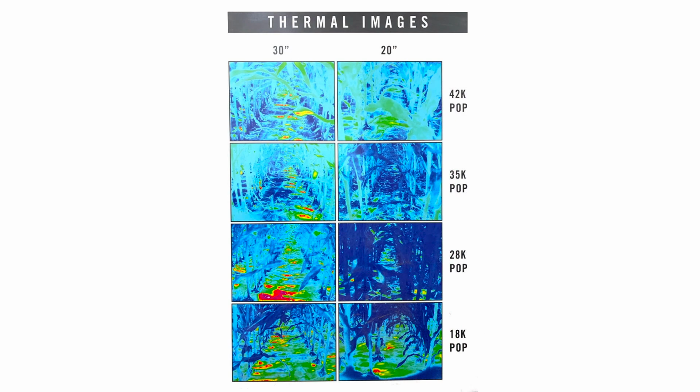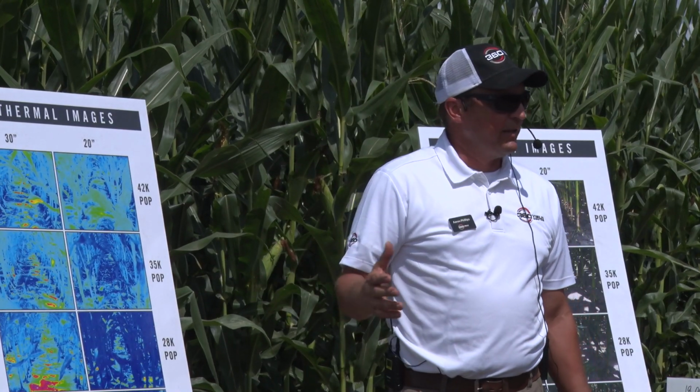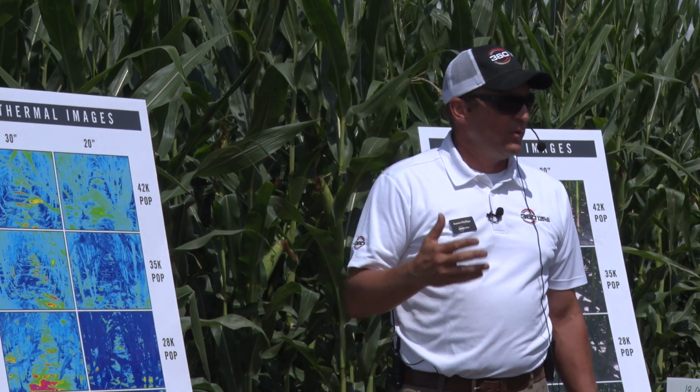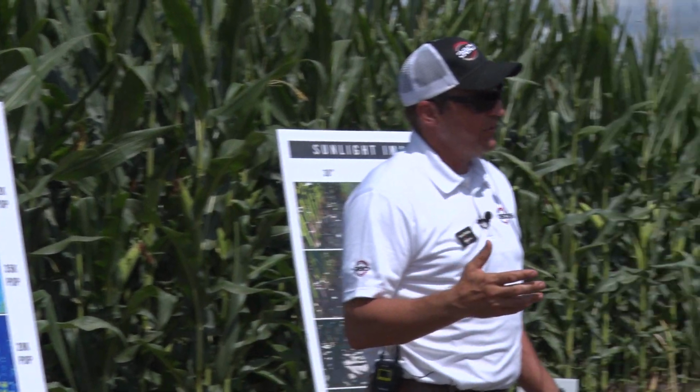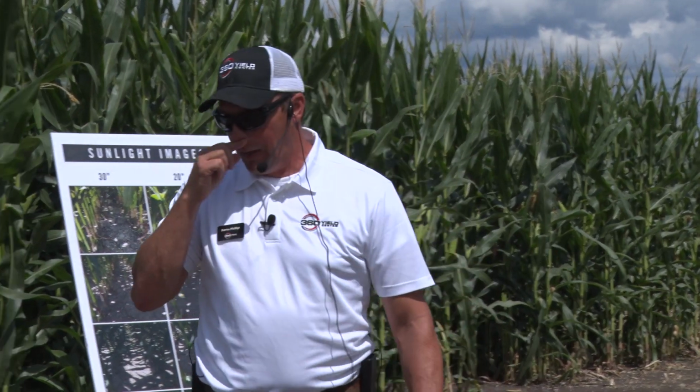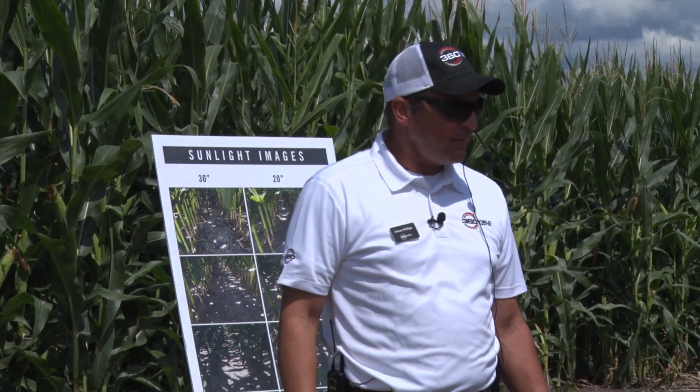And if you look over here, the thermal images, so how much heat is that producing? Again, as we get down to the lower populations, there's more sunlight, more heat that is hitting the ground, and so that's not what we want. We don't want the plants to have to work any harder than they have to. We want them to be able to cool off and not work as hard.